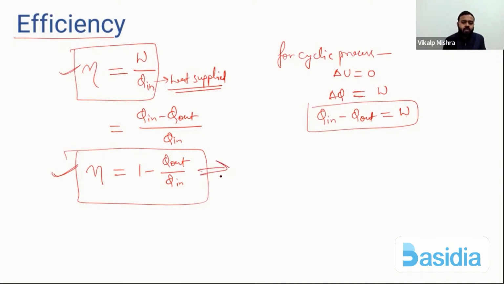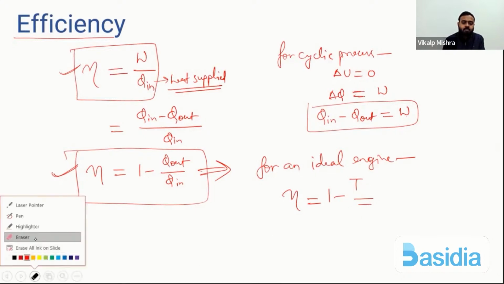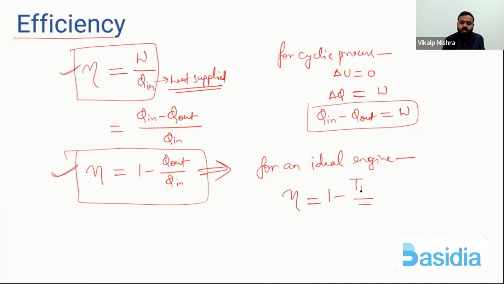Okay, one more thing we have to remember, for an ideal engine, we can write efficiency equals to 1 minus TL upon TH.